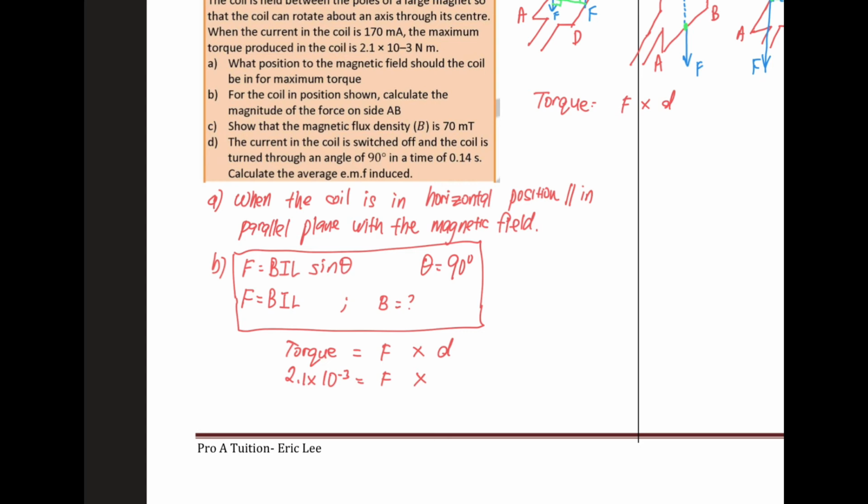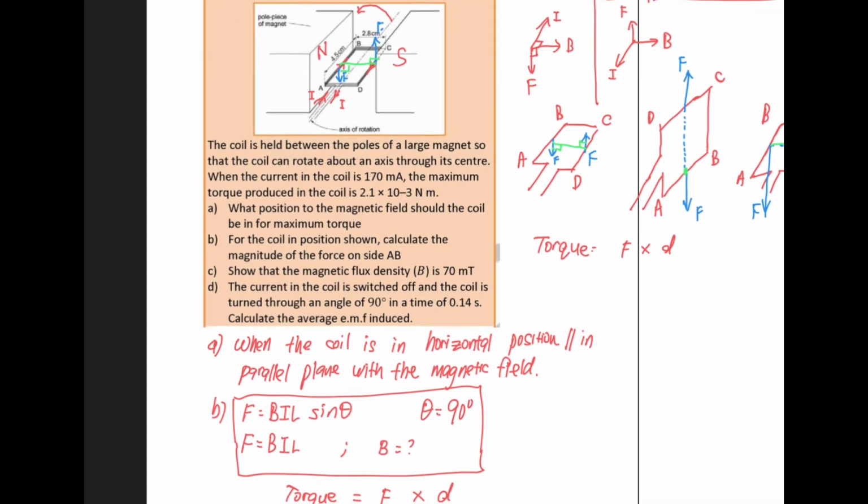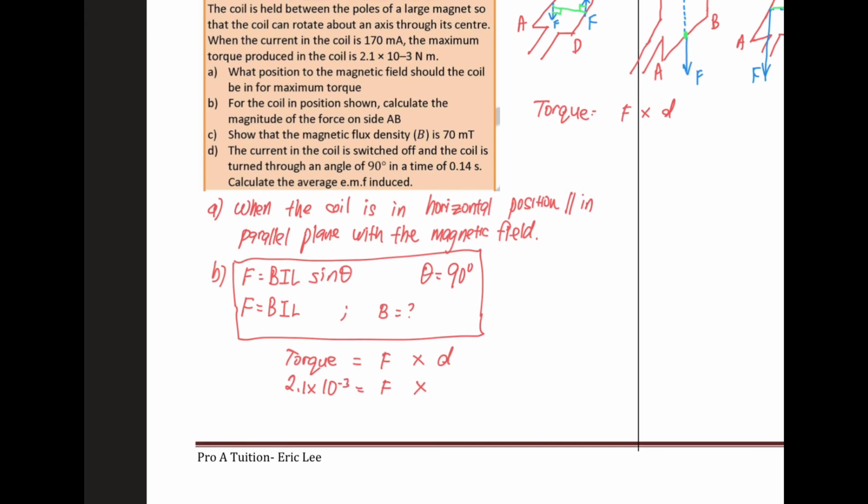The distance is 2.8 cm, which is 2.8 times 10 to the minus 2 after converting cm to meter. Then you will get force equal to 0.075 Newton. So we get the force ready.